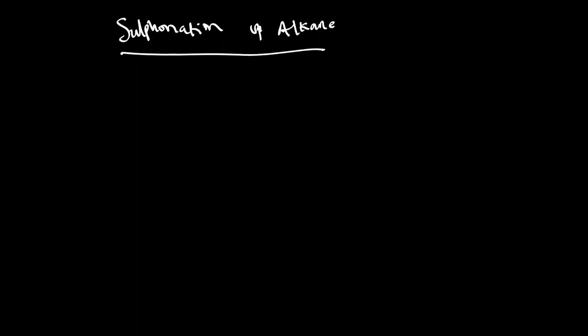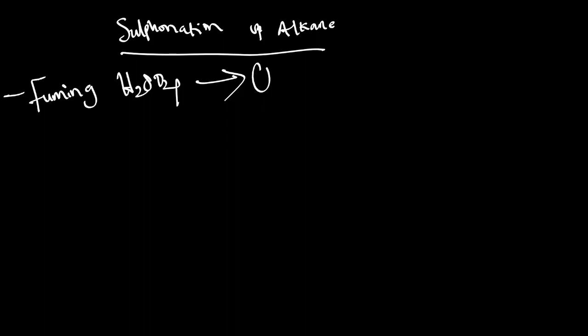For instance, under the sulfonation of alkanes, we'll get to know that alkanes can actually react with fuming H2SO4, right? This fuming H2SO4 is not like the normal H2SO4 you know, though it's still based on H2SO4, but it's a little bit different in that it's known as oleum. And what's the formula for oleum?